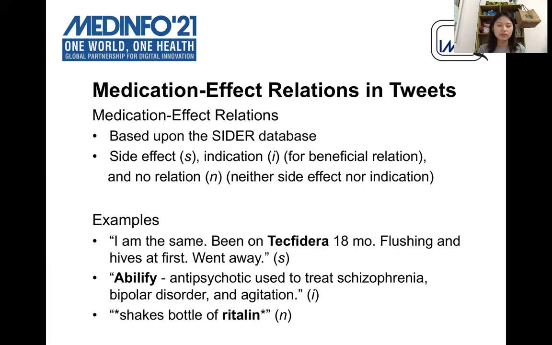Our relation types are: the first is side effect, which is S; the indication, meaning beneficial relations, which is I; and no relation, which is N, meaning neither side effect nor indication. Here are some examples of these three relations.